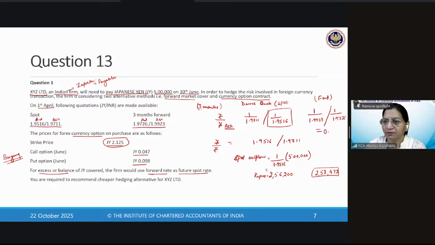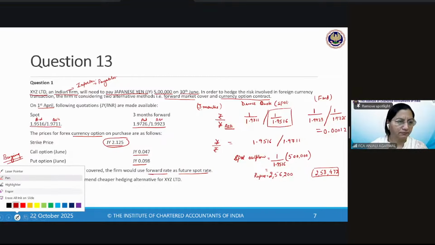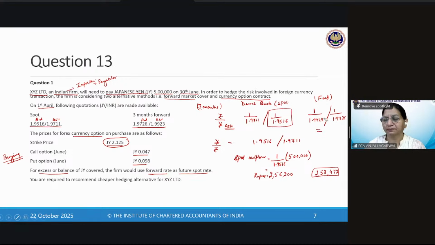So the rate comes out to be 0.00128. 0.5069.